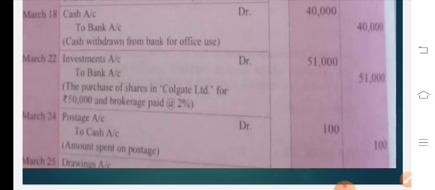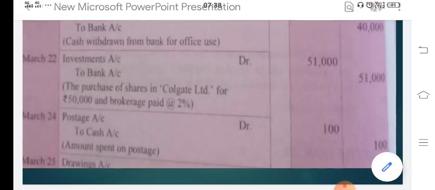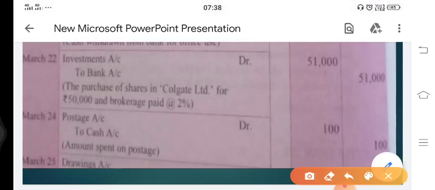So that is a kind of expenditure. So if you purchase that postage, it is an expenditure and hence a nominal account, which says debit all expenses and losses. So here postage is an expenditure which got debited with rupees 100.